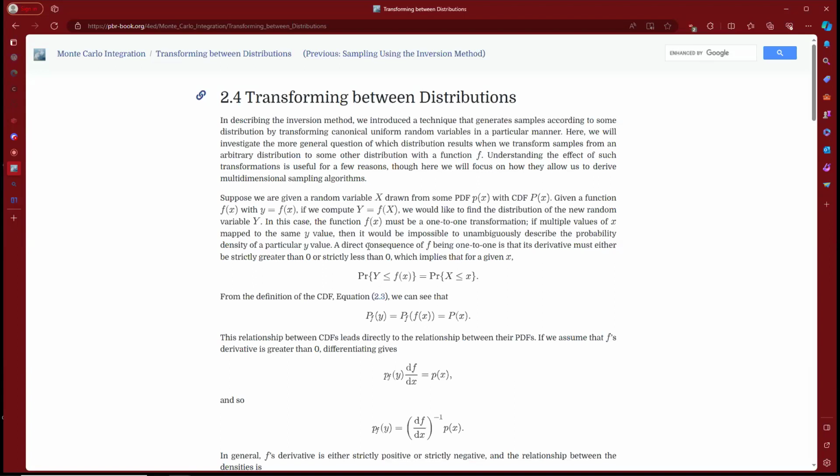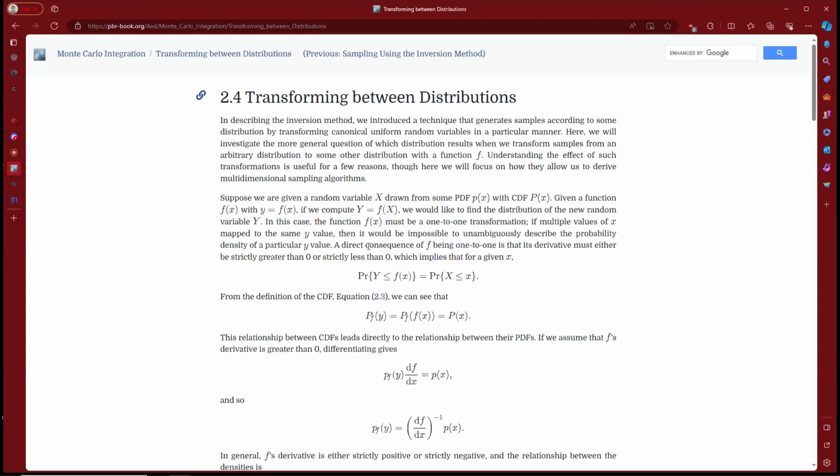A direct consequence of f being one-to-one is that its derivative must either be strictly greater than 0 or strictly less than 0, which implies that for a given x, the probability of that remapped value being less than the function value is equal to the probability of the original random variable being less than the input.